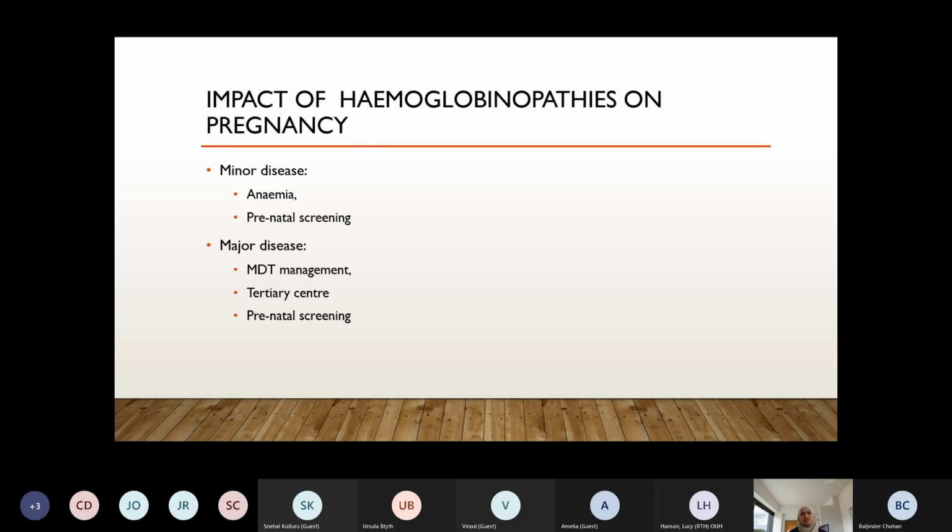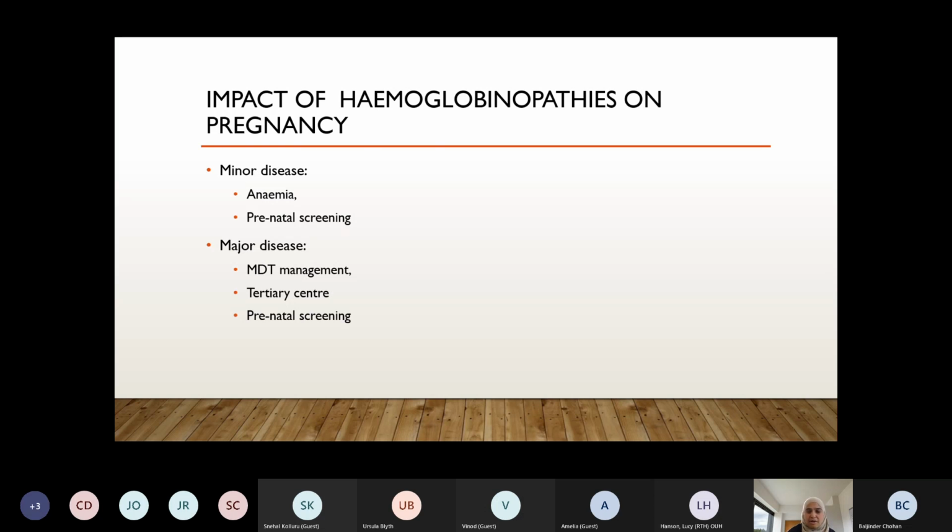With beta thalassemia, I have never seen a pregnant woman yet. I was in Pakistan, and I've seen loads of children who had this disease, but it has a major impact because of iron overload. There is hepatomegaly, splenomegaly, lots of other organ failure, renal, cardiac.